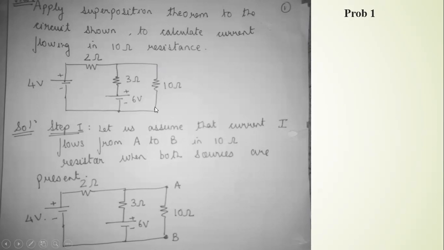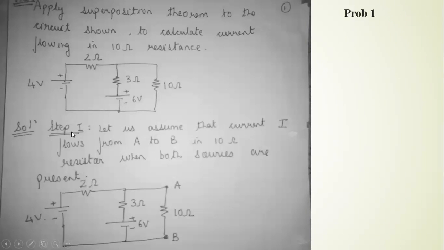Before proceeding, let us see how many sources there are. There are two sources, one 4-volt voltage source and another 6-volt voltage source, a 2 ohm resistor, a 3 ohm resistor and a 10 ohm resistor. Here we are just supposed to calculate the current flowing through the 10 ohm resistor.